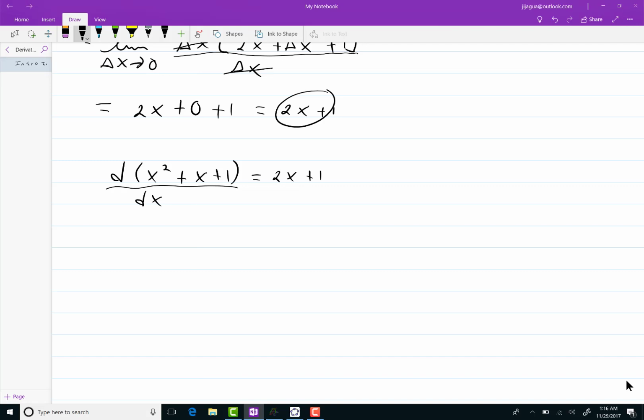That's the Leibniz notation, sorry, I keep saying Leibniz, but it's Leibniz. Or I'd simply say d, or he might say df over dx equals 2x plus 1. Or they might say dy over dx equals 2x plus 1. I mean, the possibilities are infinite.